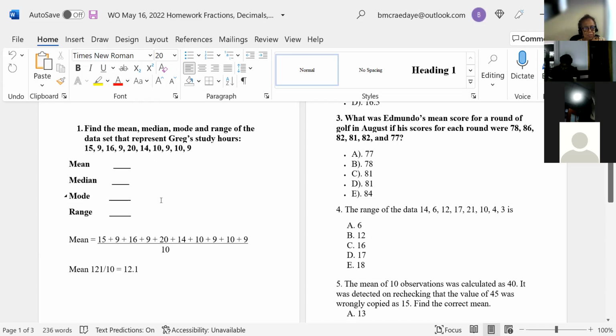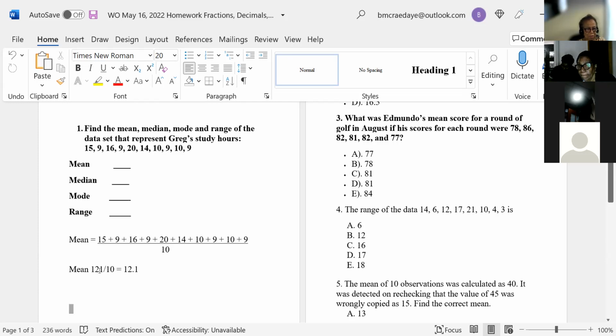Michelle, you follow this, right? Yeah, all I have to do is add it up and then count the numbers. Okay, which is 10. And then you said 121 over 10 equals 12.1 because you move the decimal one place.